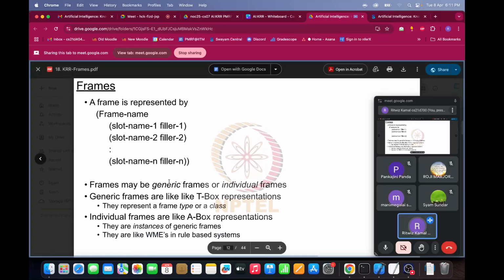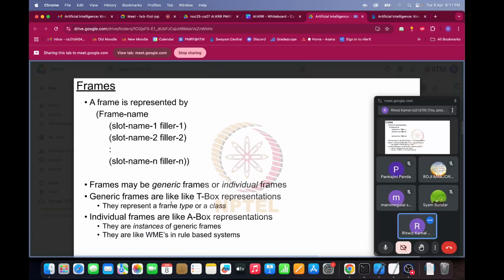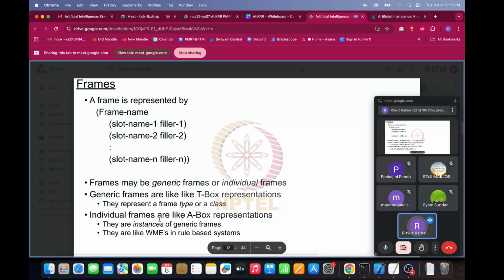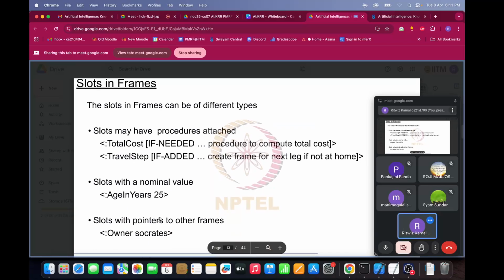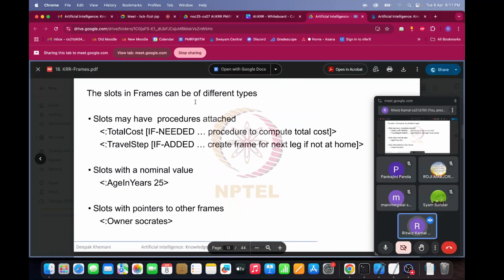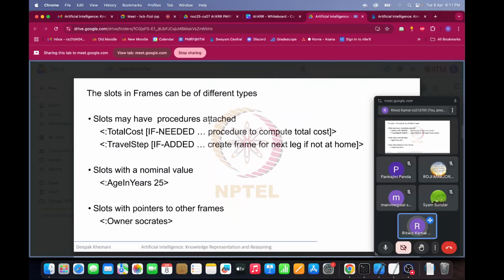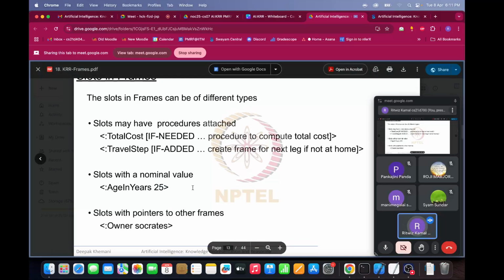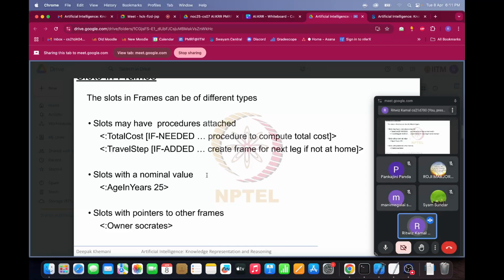These are some of the examples. It says that frames may be generic frames or individual frames, and the slots in frames can be of different types, right? Slots may have procedures attached, it can have a value, it can have a pointer to other frames. So I think this is the key lecture slide that we will use to answer the question.